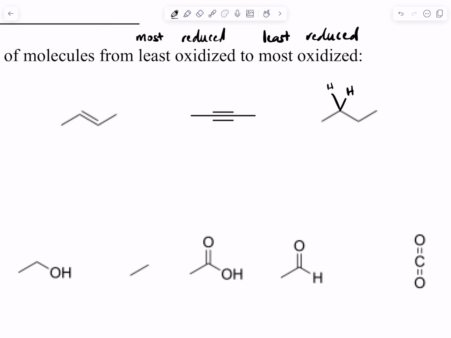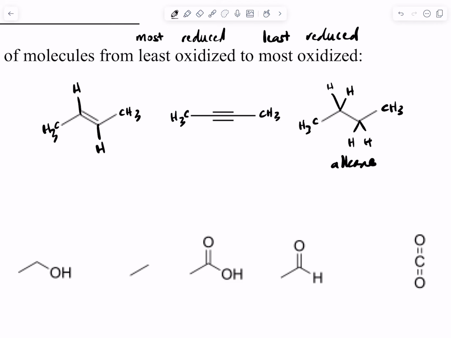Yeah, it's got the most CH bonds. I mean, the one thing you can do is sort of dismiss the methyl groups because they're the same in all three molecules. The only difference is in the two carbons in the middle. So alkane would be most reduced or least oxidized.